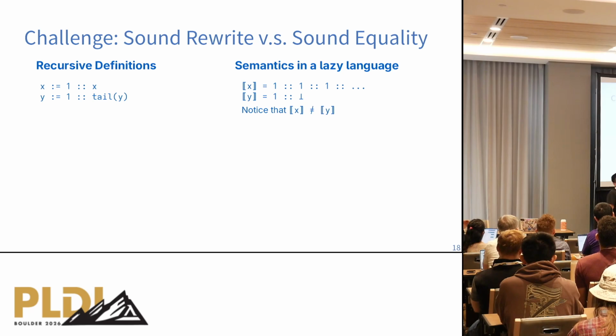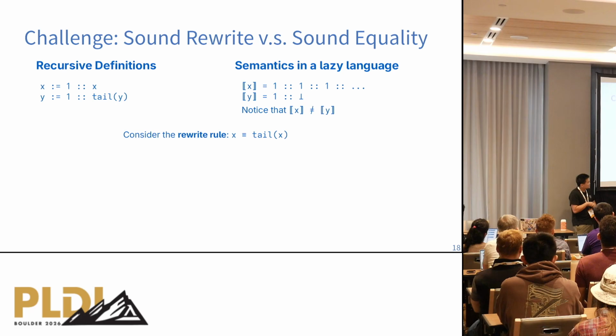And y will have 1 as the first element, and if you try to get the second element or the third element and so on, you will run into infinite loops. So in here, we can see that the semantics of x doesn't equal the semantics of y. But let's consider the rewrite rule: x equals tail of x.